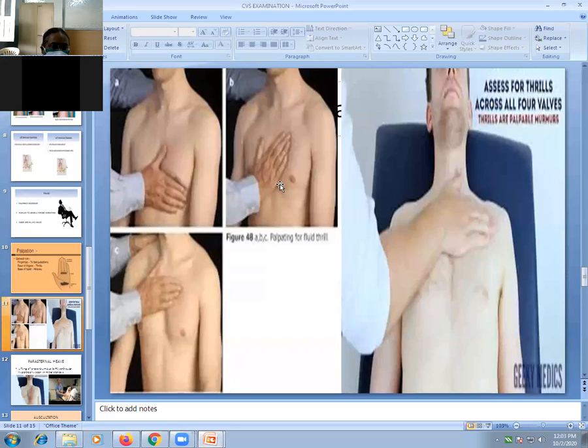If not, write down that thrill is absent. So this is the method of palpating thrill. Thrills are nothing but palpable murmurs.